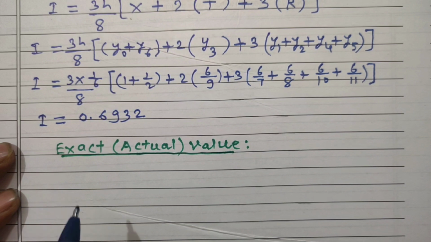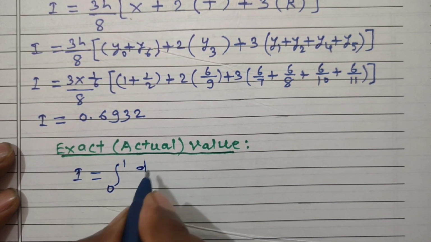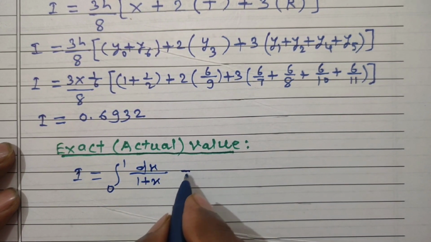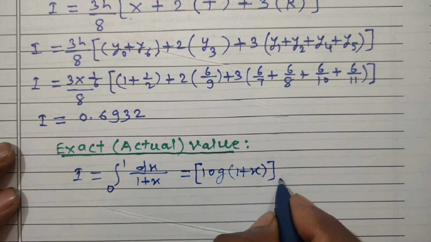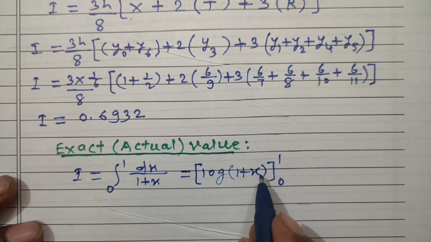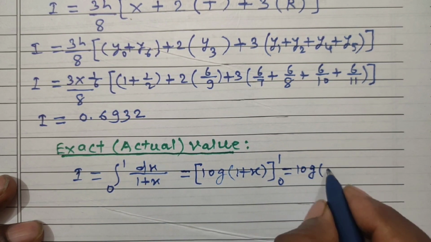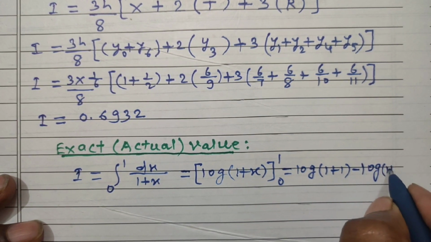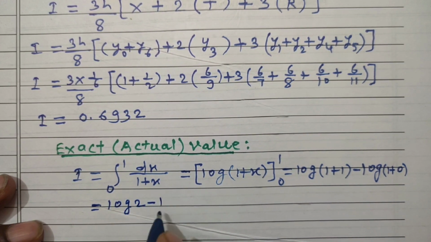Now let us find the exact value, which is nothing but the actual value of integral I. So I is equal to integral from 0 to 1 dx divided by 1 plus x. This is equal to logarithm of 1 plus x from 0 to 1. First replace x by the upper limit. So this is equal to logarithm of 1 plus 1 minus logarithm of 1 plus 0, that is logarithm of 2 minus logarithm of 1.